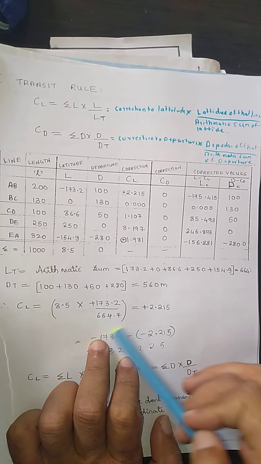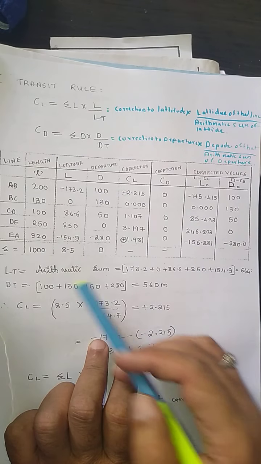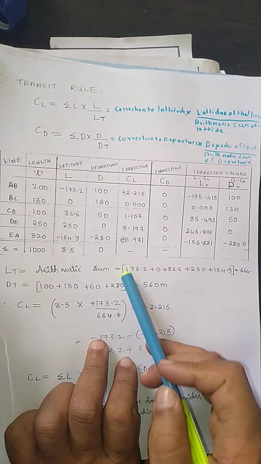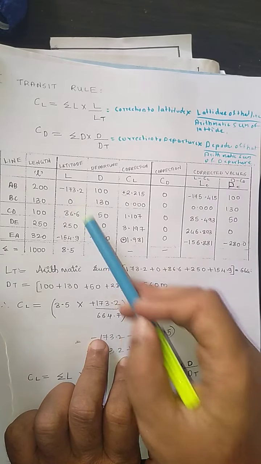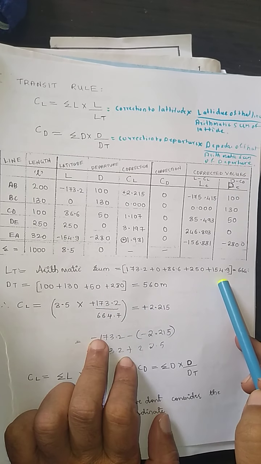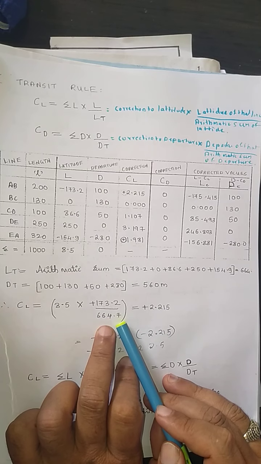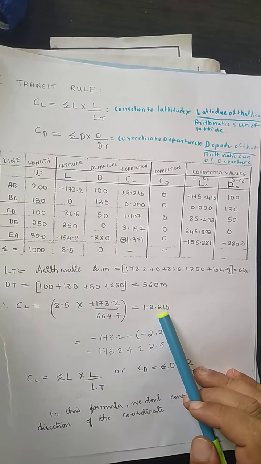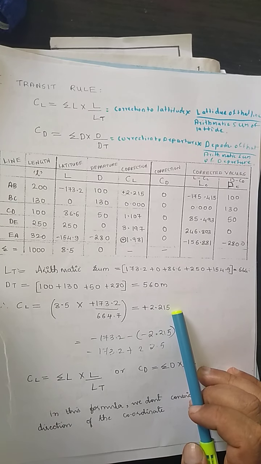Now where has this 664.7 come from? It is the arithmetic sum of all the latitudes, that is 173.2, 0, 86.6, 250, 154.9, right? If we add it, it becomes 664.7. So if I simplify it, it is going to become equal to 2.215.